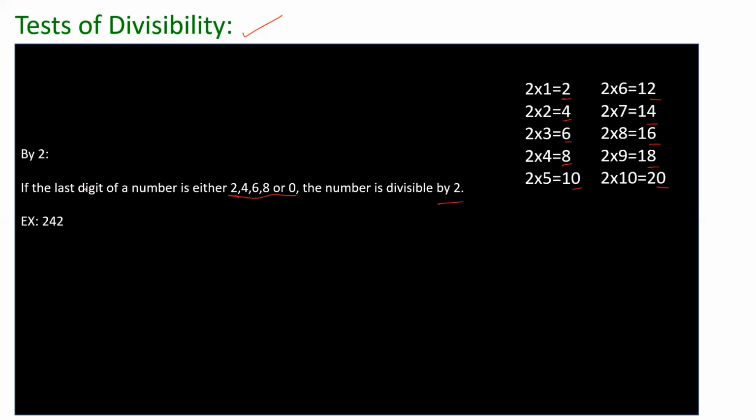If the ones place digit is either 2, 4, 6, 8 or 0, then the number is divisible by 2. In the example 242, the ones place digit is 2. It is divisible by 2. In 307, the ones place digit is 7. It is not divisible by 2.